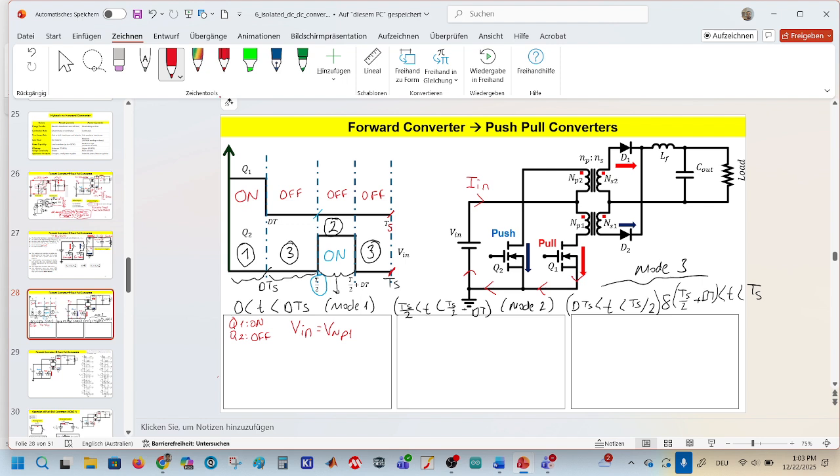and what happens on the secondary side? At the same time, the energy is transferred to the secondary side. If we define the plus and minus of the primary windings, that would mean plus belongs to the dot on the primary side, and on the secondary side we have this polarity.